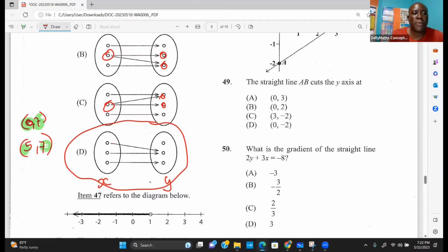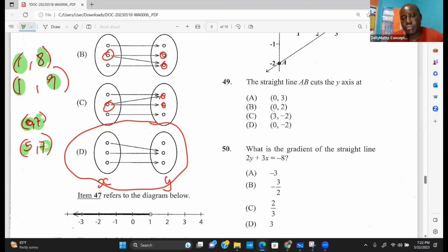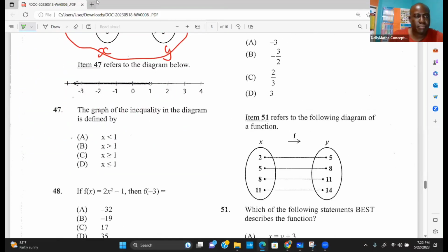Look at the problem now. The problem is when you have number 1 go to 8, then number 1 go to 9. No, this can't happen. We're not supposed to see one X value with two different values. That can't happen. All right? So the focus is on the X value. Remember that. Let's go to the next.